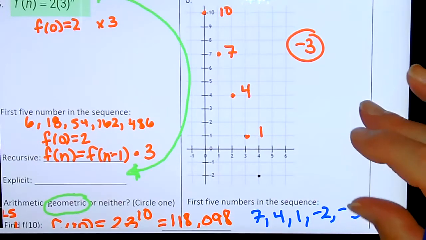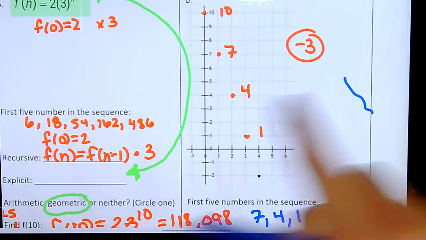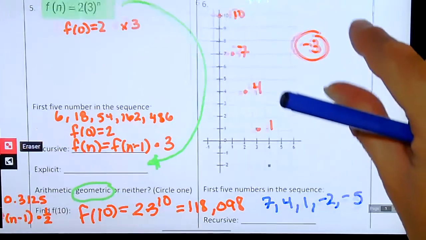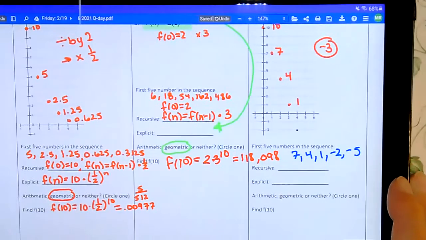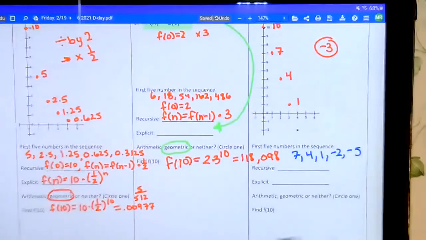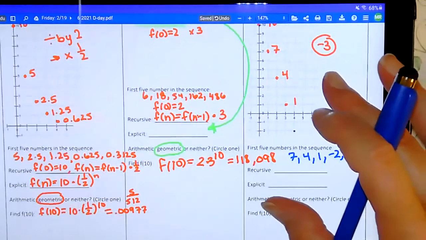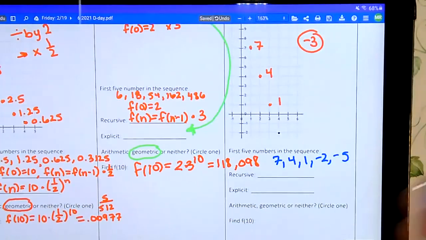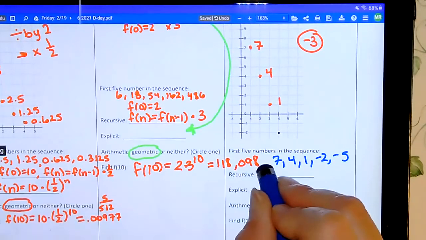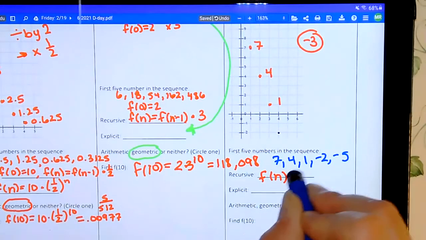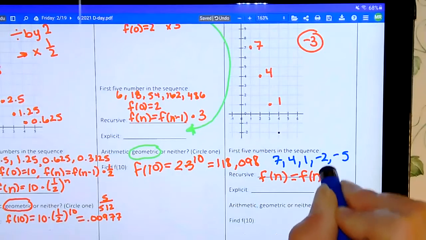Then I'm going to do recursive. Okay. So my recursive formula for this one, a little bigger. My recursive formula for this one is going to be f of n is equal to f of n minus 1.